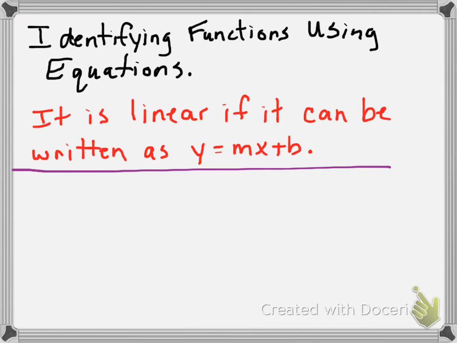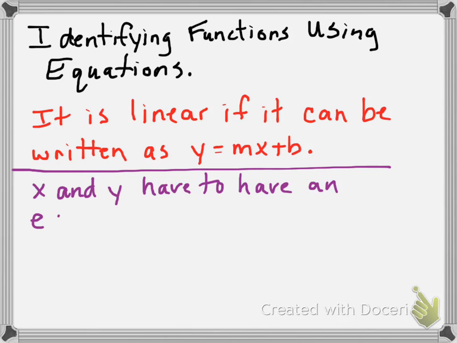So here are some things to look for to help you know whether you could write it as this without actually having to change it. Okay? So the first thing you need to know is that x and y, both variables, have to have a 1 as the exponent.